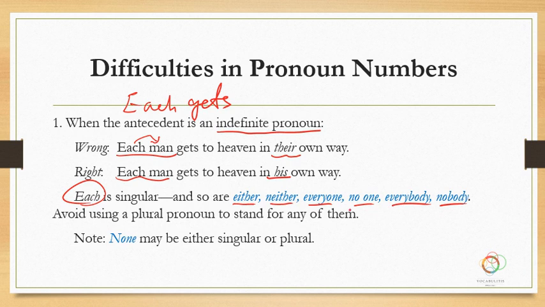Also, everyone and everybody are singular, even though we are talking about all the people. Let's say a teacher comes into the classroom and wants everyone to open up their books. That's how we would normally say it.